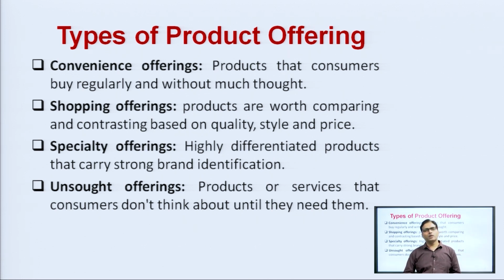There may be too many products in the market, but if you are used to buying a certain brand, then convenience offerings never bother you, because you are very much used to those products and you never put so much thought into buying those goods.